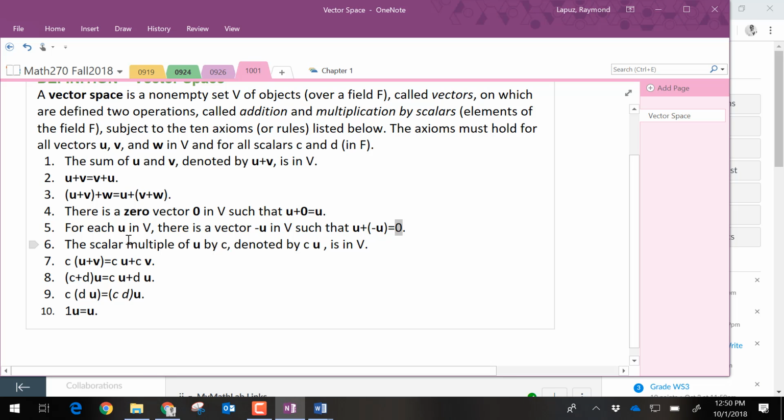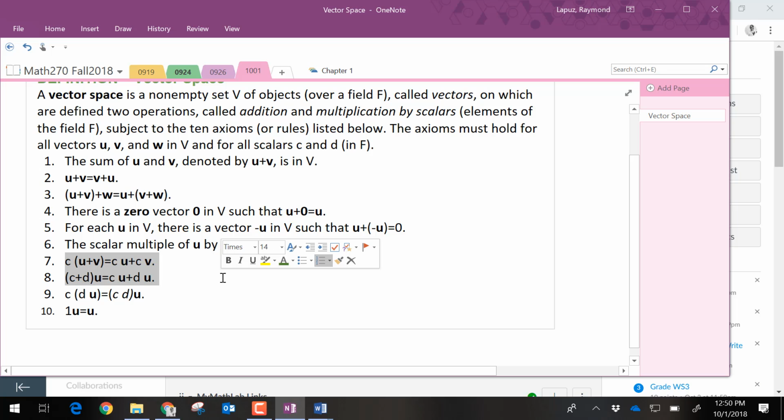So remember that there's two basic operations for these vectors: addition, and the next one is scalar multiplication. So the next axioms are based on the scalar multiplication ideas. If you have a u that is a vector in V, then when you scale it, you're going to stay in V. Whatever you scale in V stays in V. There's two types of distributive properties.